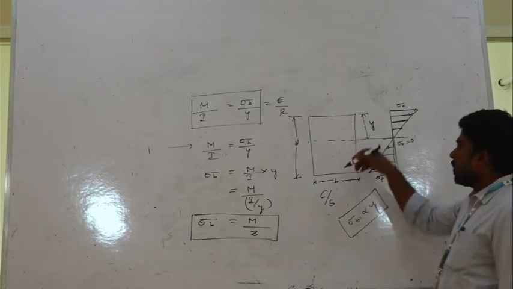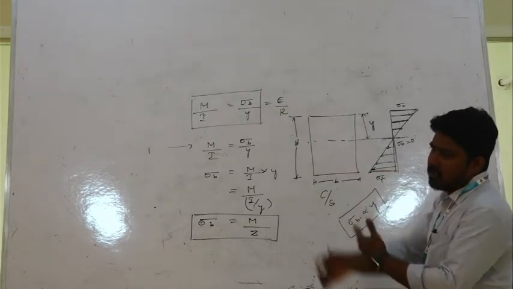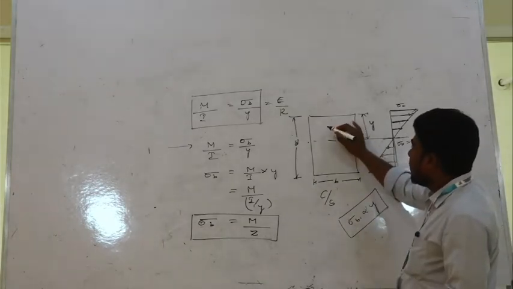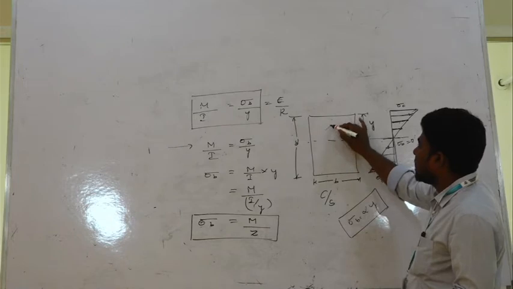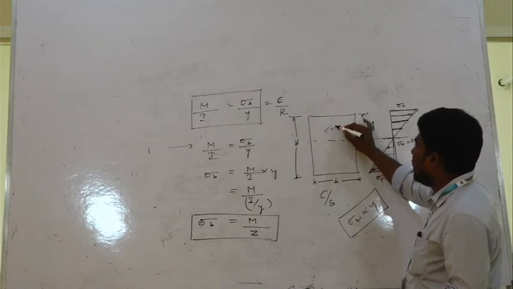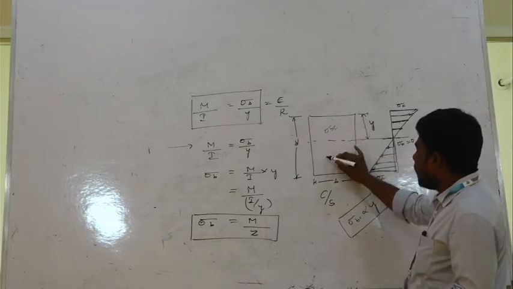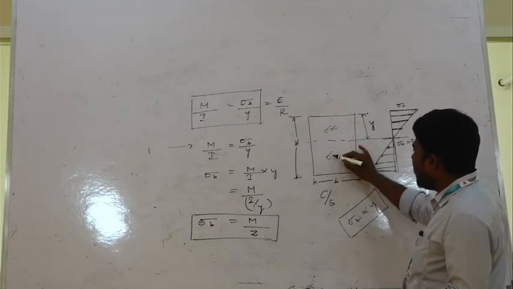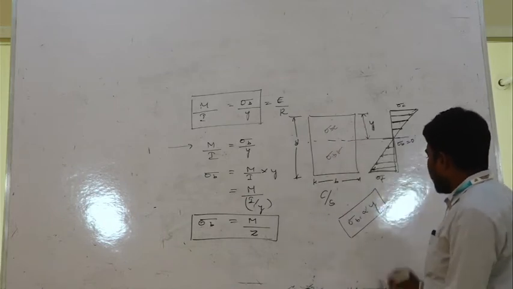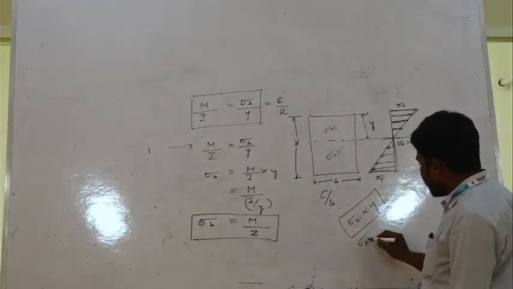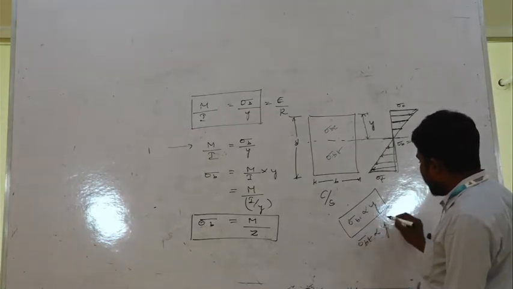Above the neutral axis, which type of stresses will result? Compressive stresses, that means compressive bending stresses, sigma bc. Below the neutral axis, tensile bending stresses, sigma bt. We represent this as sigma b is directly proportional to y.